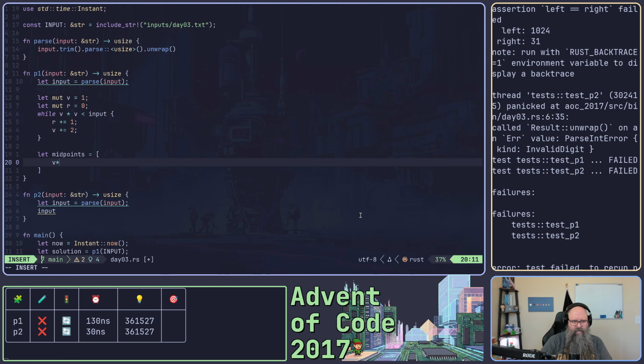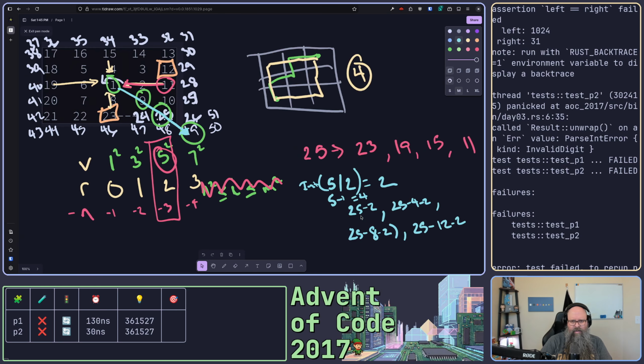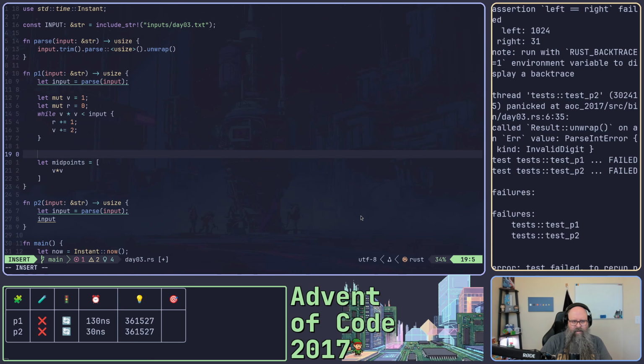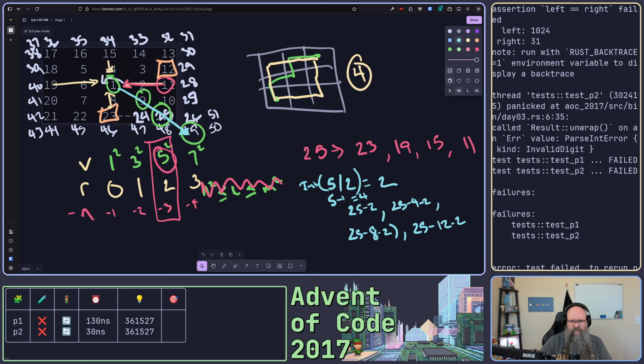V times V. What is this value? The dist?